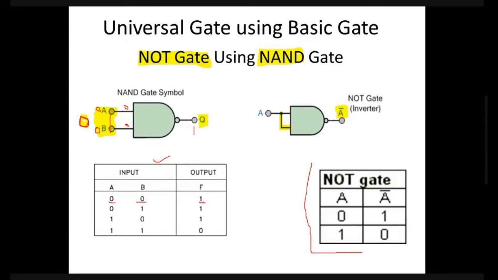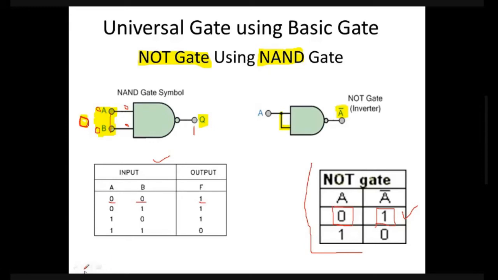The output will be 1. So if we give the input 0, we get the output 1, which is the inverted output. So we satisfy the first NOT operation.